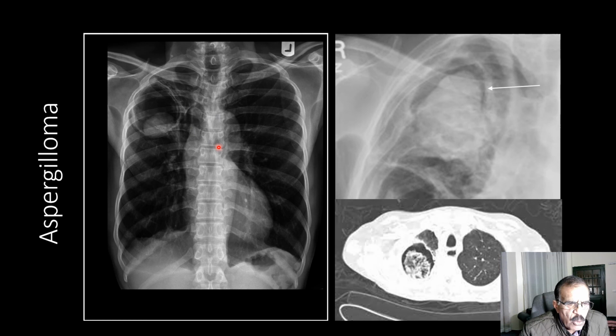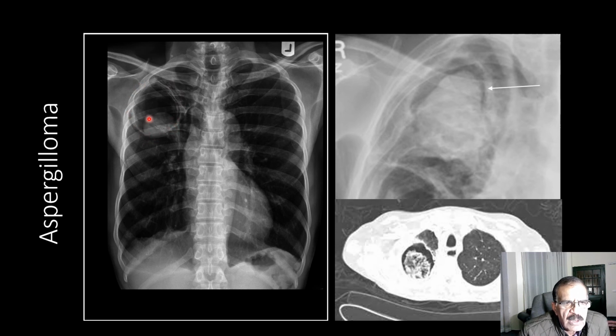There are some other causes of cavities, and this one has got a label here. I just typed it here. And there is a big, thin-walled cavity. This is the cavity, but there is another opacity within this cavity, also oval shaped.